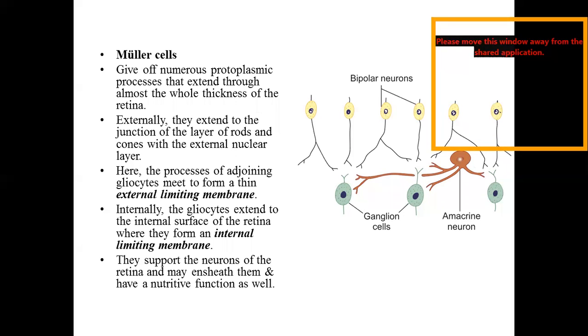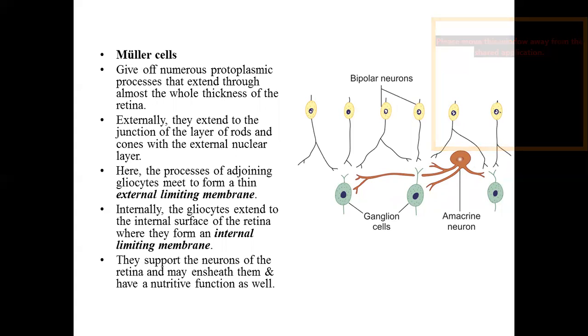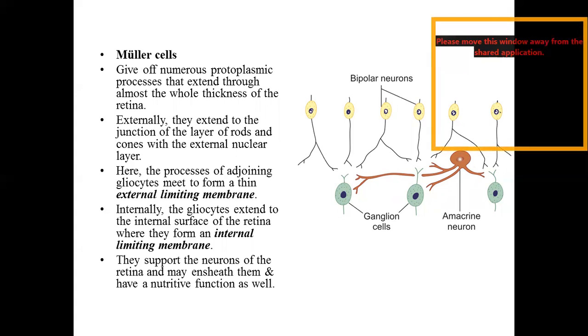And internally, the gliocytes extend to internal surface of retina, where they form an internal limiting membrane. So these Mueller cells are mostly responsible for forming the external and internal limiting membrane. They support the neurons and they ensheath them, and they have a nutritive function for them.